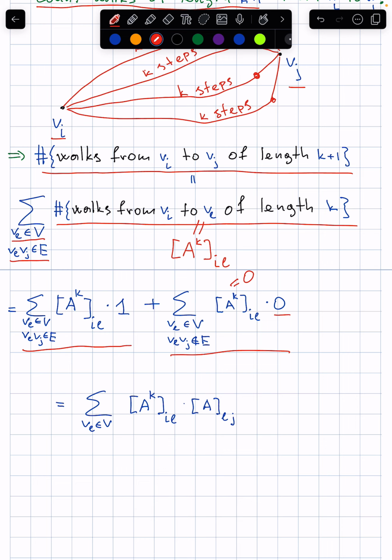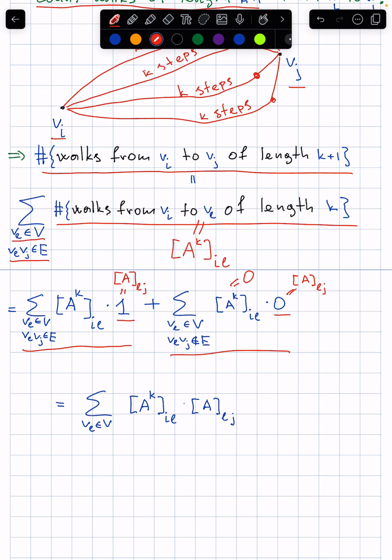So the point is that we're multiplying by 0 here, and here we're multiplying by 1. But we can think of this 0 and 1 as the entries of the adjacency matrix, right? In this sum, vl and vj are connected, so the corresponding entry of the adjacency matrix, the lj entry, is 1. And here they are not connected, so the corresponding entry of the adjacency matrix is 0. So we're just multiplying by this entry of the adjacency matrix.